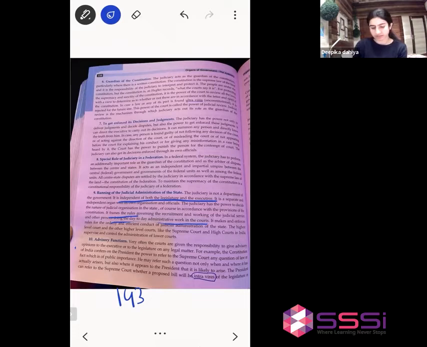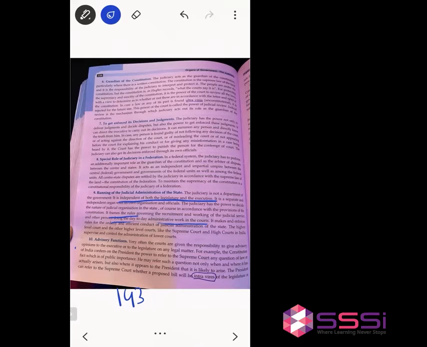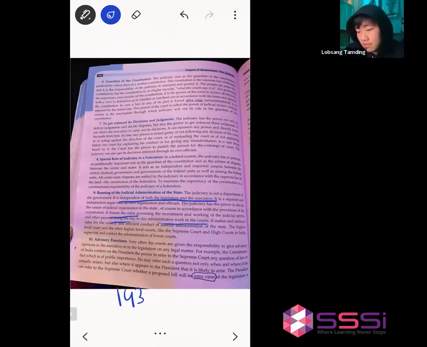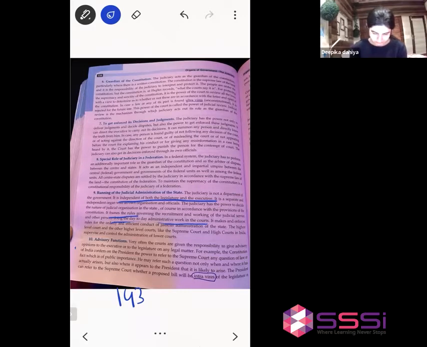Write down a question. Does the president have an option to seek the opinion of the Supreme Court?